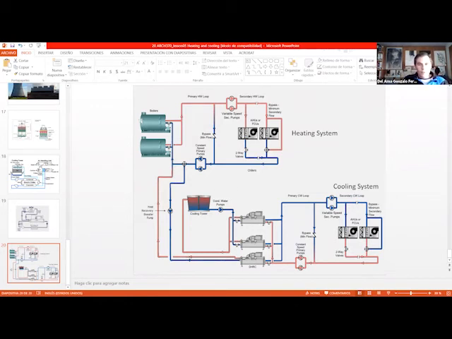Why? Usually we have this for backup. Imagine that one of the boilers is broken, so the other one is working. Or we have an issue with one of the chillers and we have other backup chillers. You see that the water pumps are the same. Usually one of the pumps is working and the other is stopped. When this pump stops working, the other takes over and then we can replace the first one.